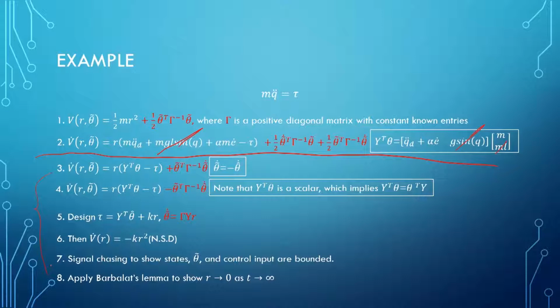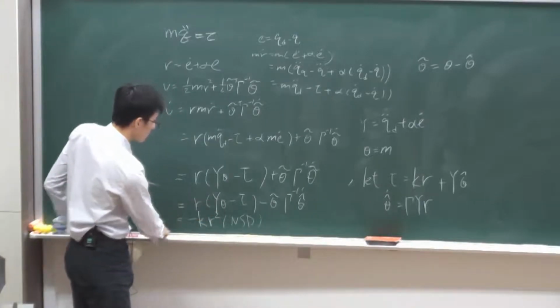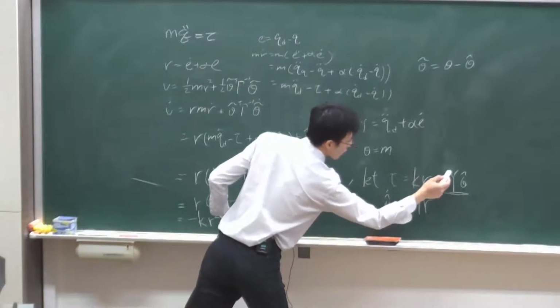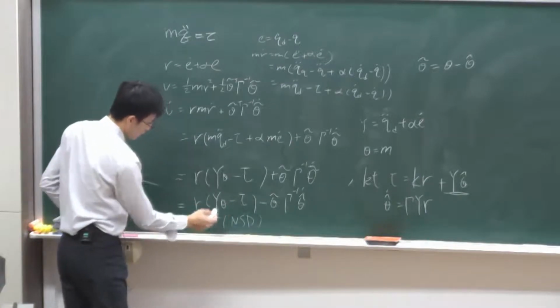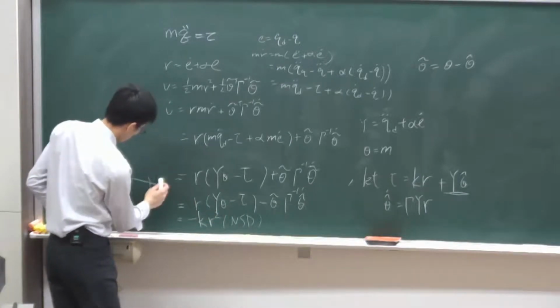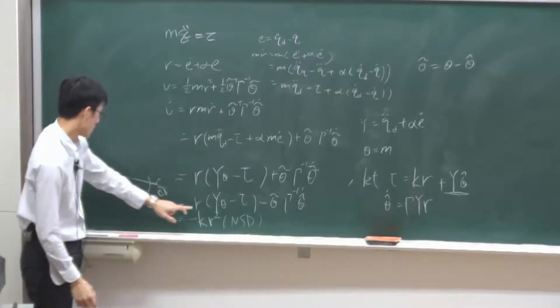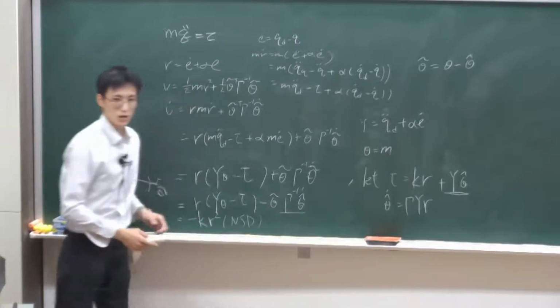And how you apply the adaptive law to cancel out some terms here, okay? Because in your tau, you have Y theta hat that can be combined with Y theta, and that creates Y transpose theta tilde. Okay, and this Y transpose theta tilde can be cancelled by this adaptive law.